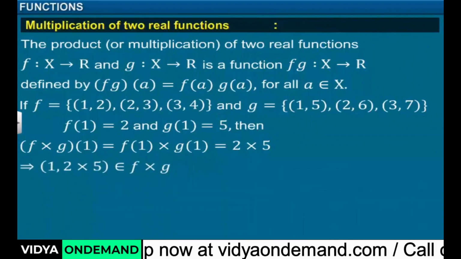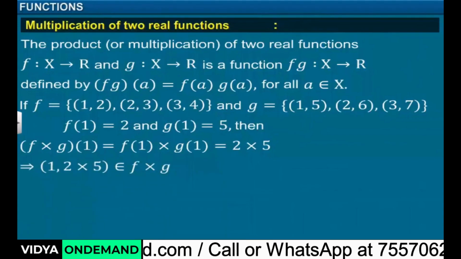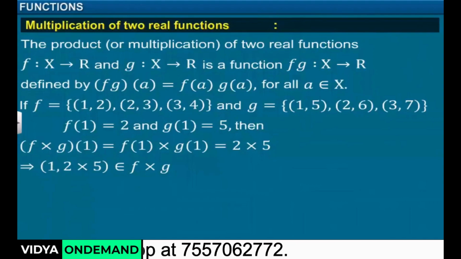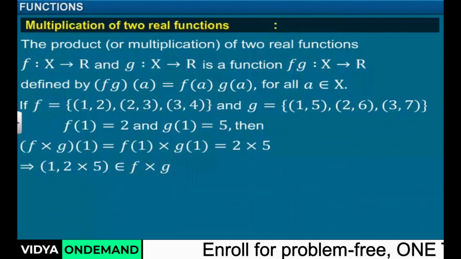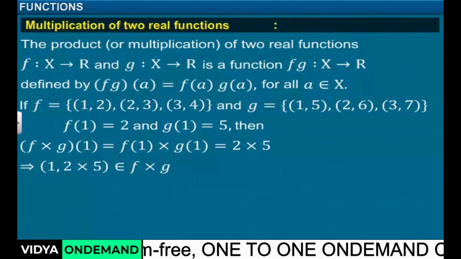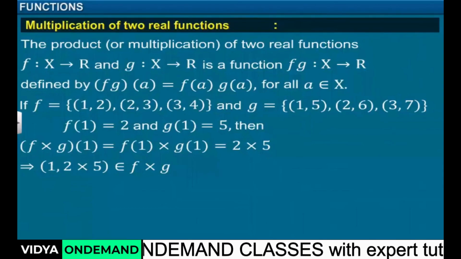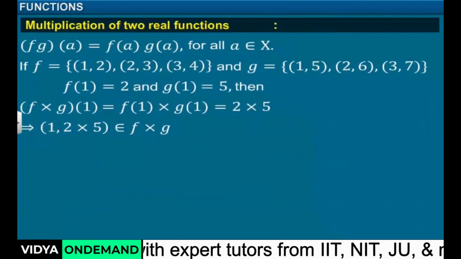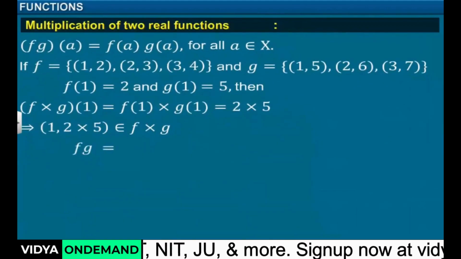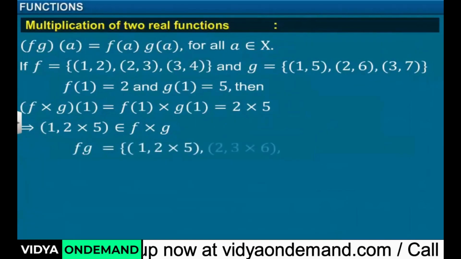Similarly, you can get 2 more ordered pairs. Hence, set f multiplied by g has 3 ordered pairs: (1, 10), (2, 18), and (3, 28).